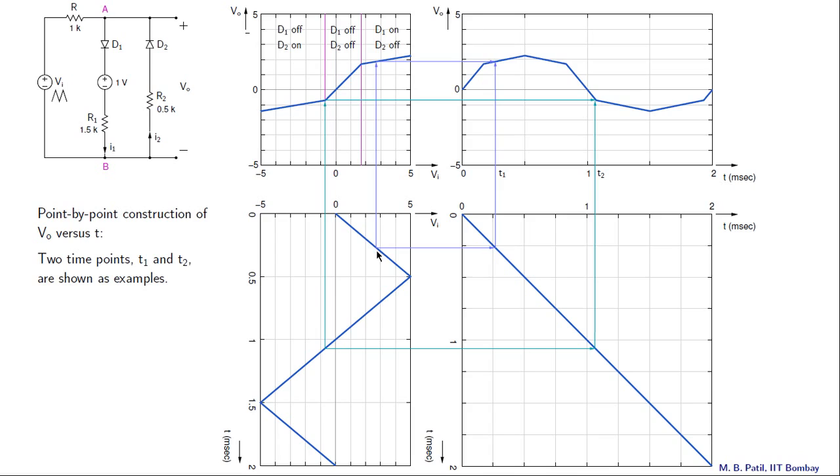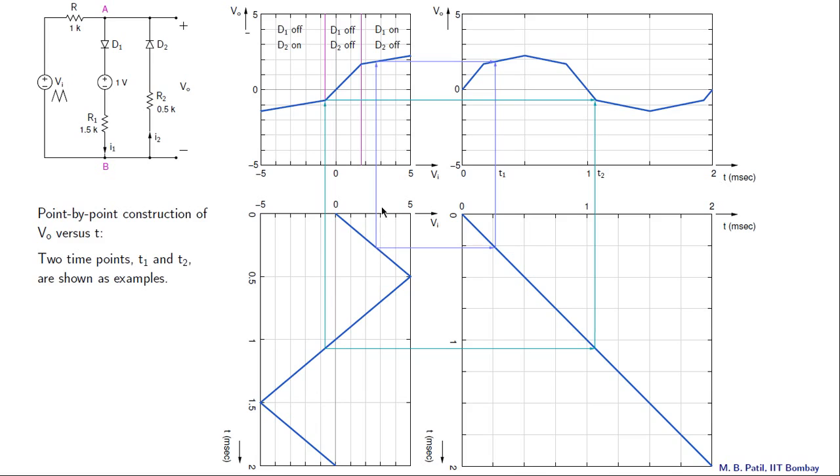And let us see the correspondence between these two. Now this is t1, and because this graph represents t equal to t, this must also be t1, and therefore this vertical line here represents t equal to t1. Alright, so that takes care of the time part in the Vo of t graph. Let us look at the Vo part now. What is the input voltage? The input voltage is given by this number here.